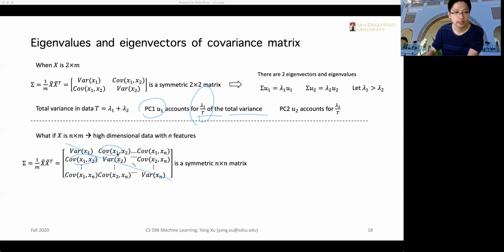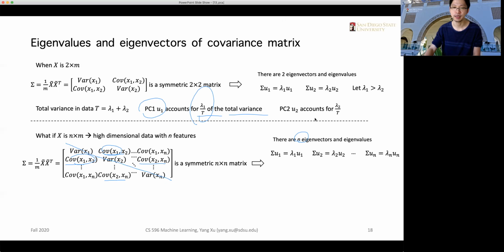So the covariance between x1 and x2 is here and also here. The covariance between x2 and xn is also here. So it is symmetric. So the result will be that this time there will be n eigenvectors and non-zero eigenvalues. We would have more equations satisfied in this way.